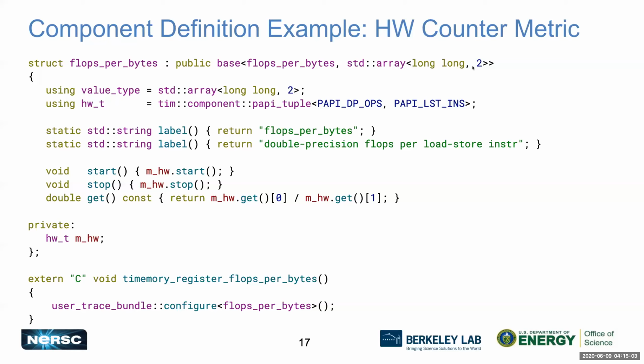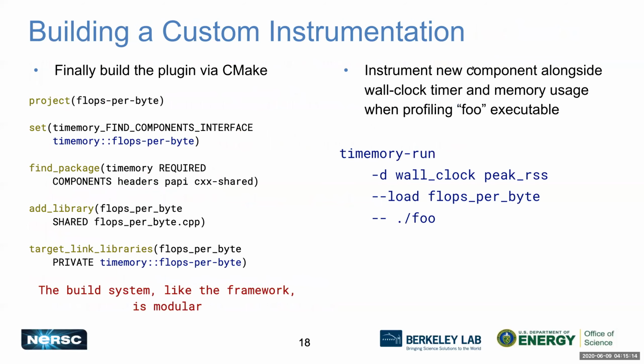Objects of user trace bundle type get injected into the binary, and here we are providing essentially a callback so that when we build our custom instrumentation with something like this CMake that you see on the left, we can just use timemory-run to load that library.